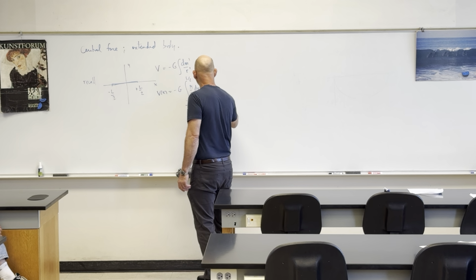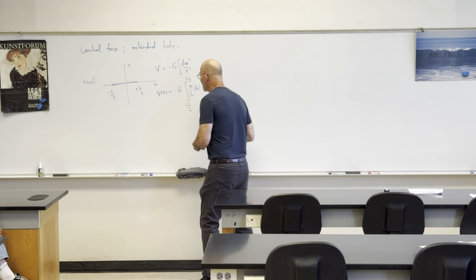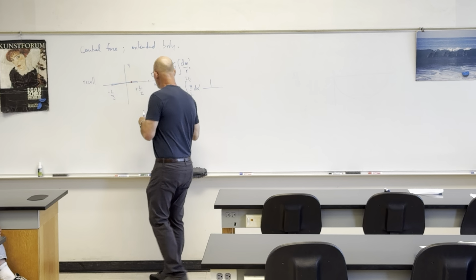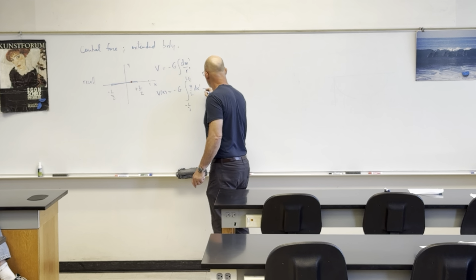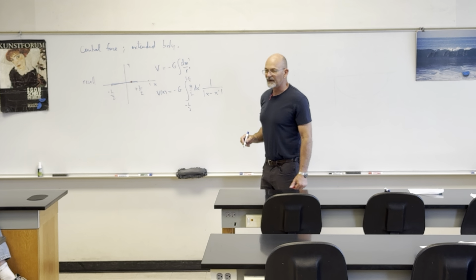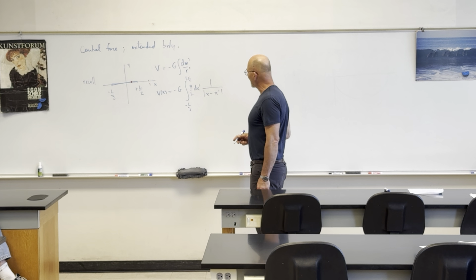And then 1 over the distance from, say, this point to that point, which I'm going to just call x again, was x minus x prime. And so that's the one we worked on, and we were able to do it and analyze it.